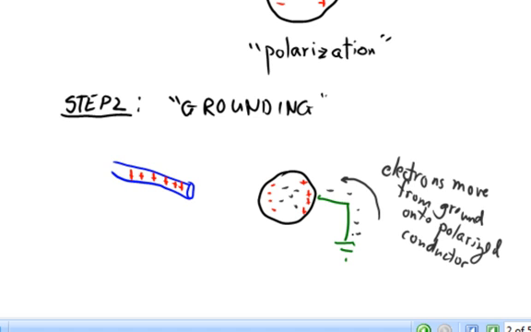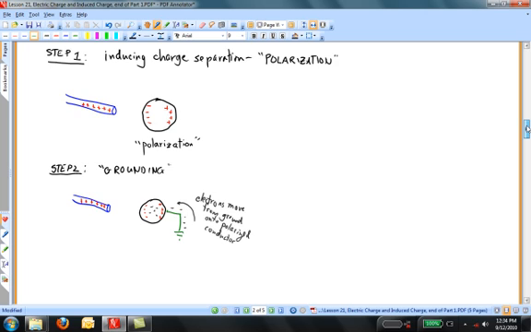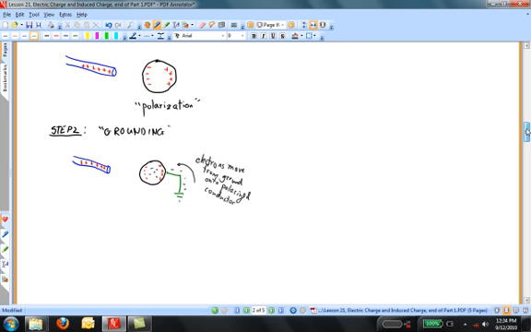So now some electrons move from the ground onto the polarized conductor, and so I end up with more electrons on the conductor than I had before I put the polarizing positively charged wand in place. That's the second step.